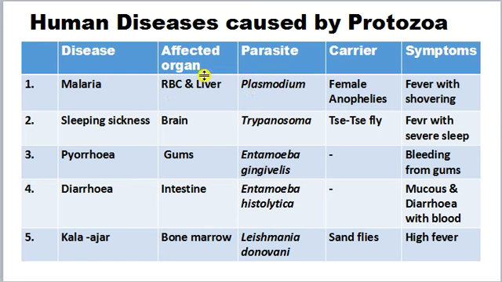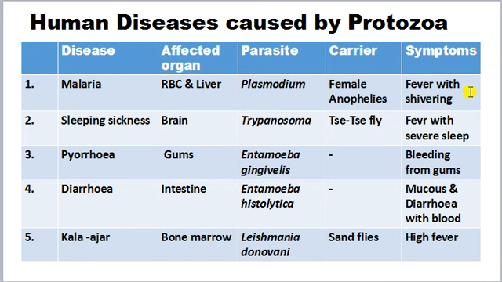The affected organs are RBC, that means red blood corpuscles, which are present in our blood, and the liver. So they both are affected by the Plasmodium parasite.